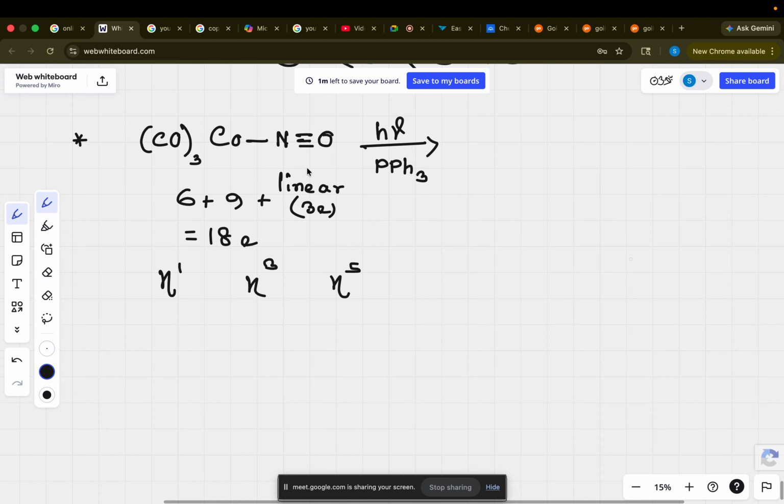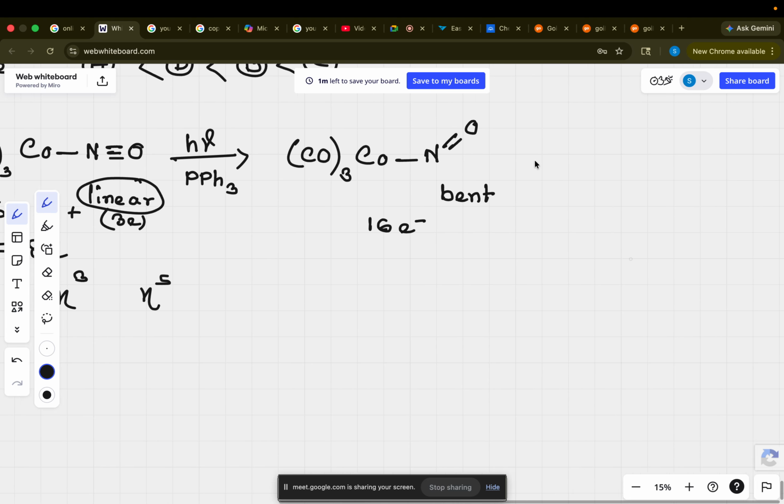This is a linear nitrosyl. Now if this nitrosyl adopts a bent structure like this, so this is your bent nitrosyl now. In presence of hν, if it adopts a bent nitrosyl structure, then it will get 16 electrons.